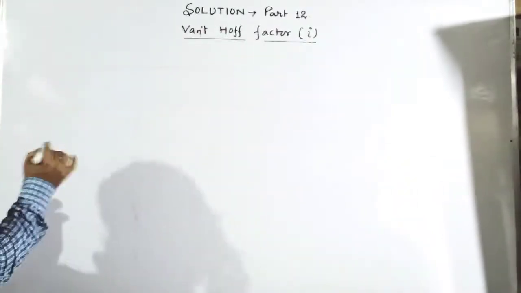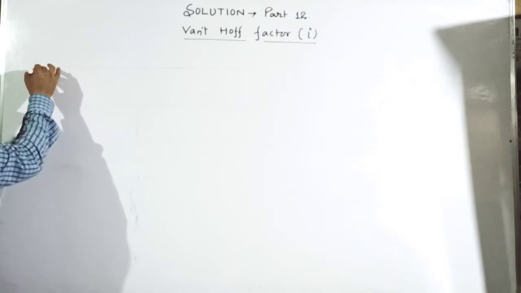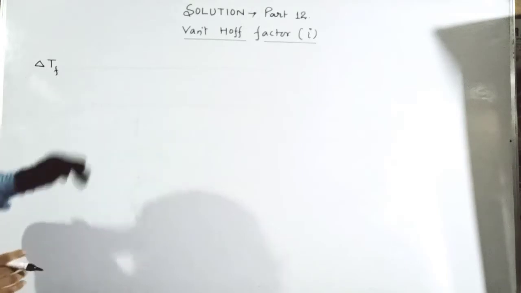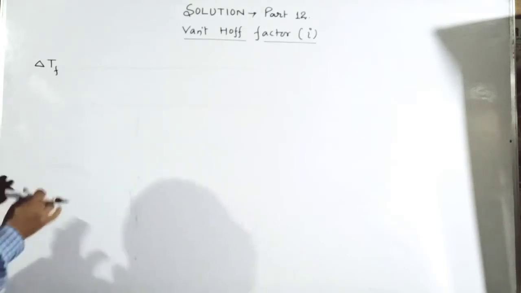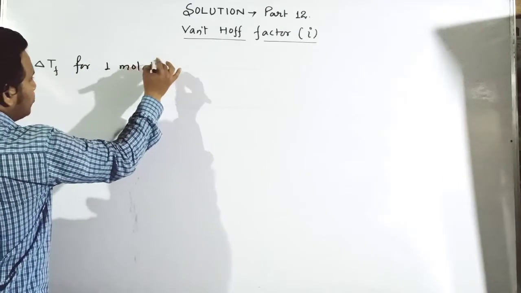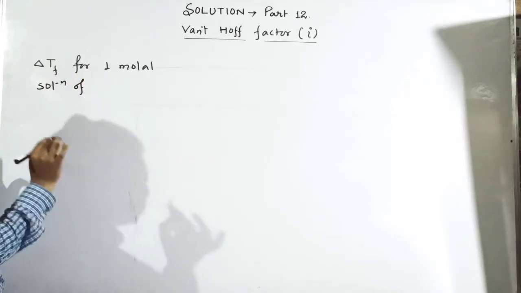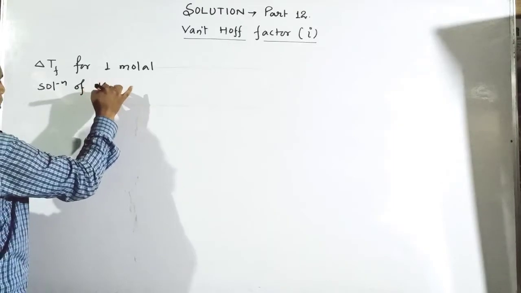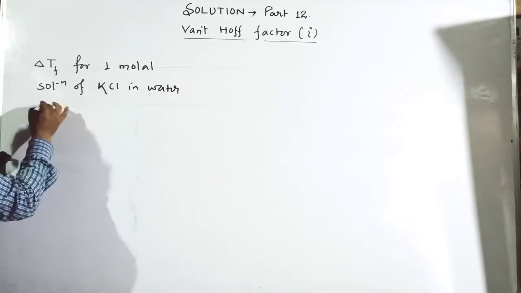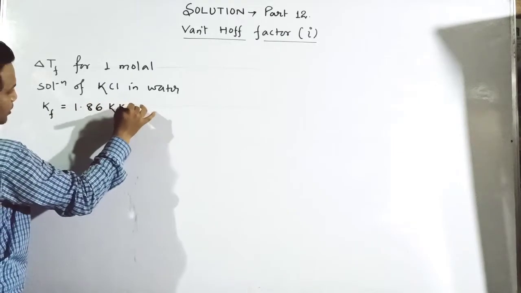Now suppose we have taken one solution. Suppose one question is there. What is the del Tf? We have to find the depression in freezing point. Del Tf for a 1 molar solution of KCl in water, and the Kf for water is 1.86 Kelvin kg per mole.